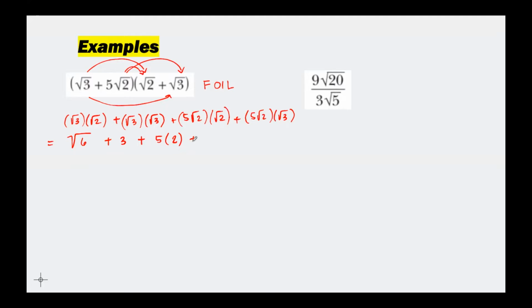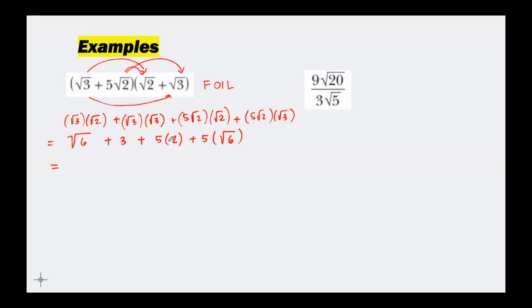And then the last term will be 5 times square root of 2 times square root of 3, which is square root of 6. So this can be simplified further by combining the like terms.